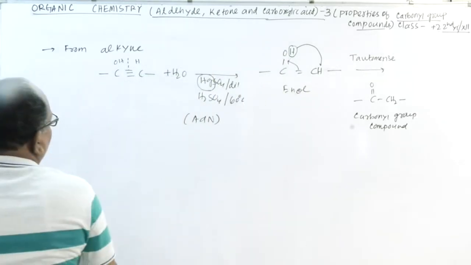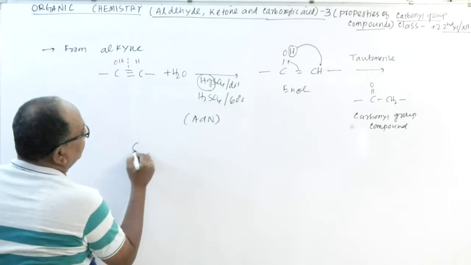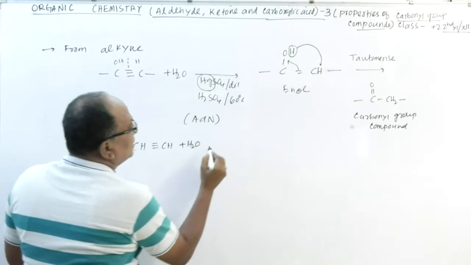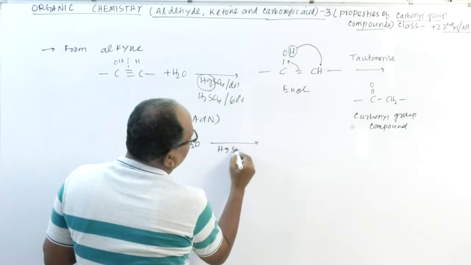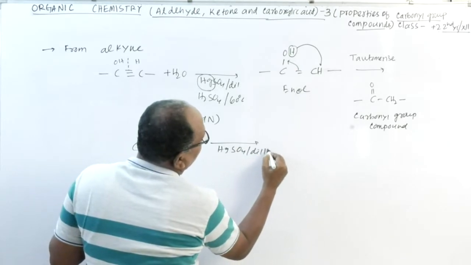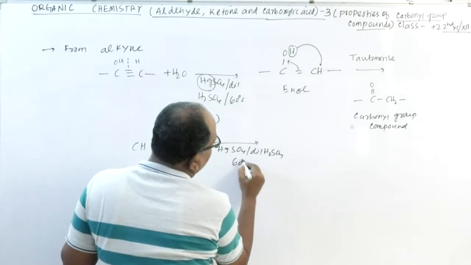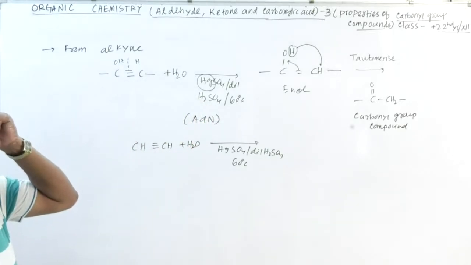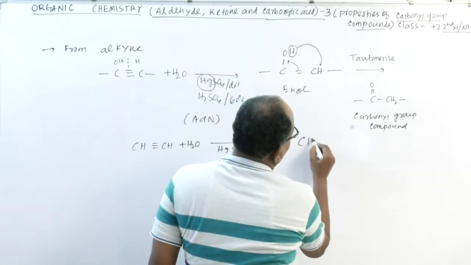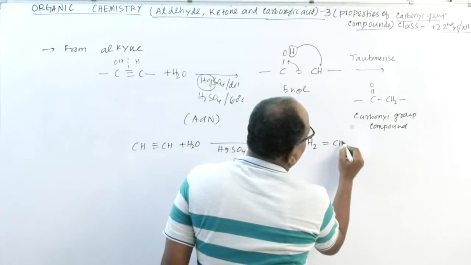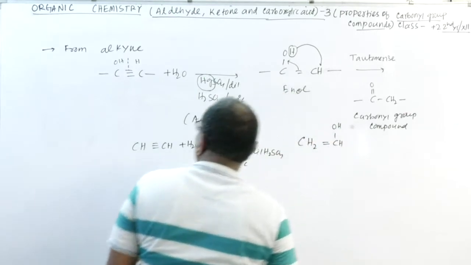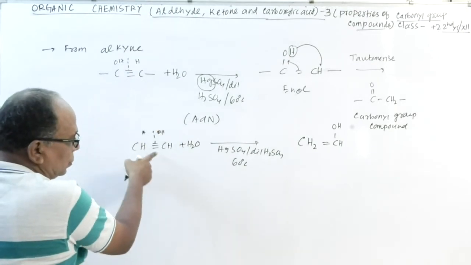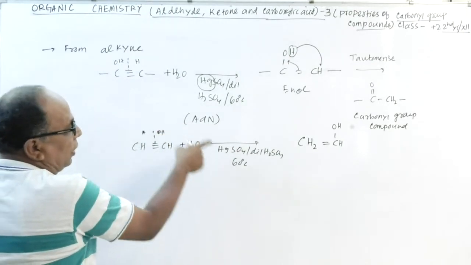Suppose you take acetylene, on hydrolysis in presence of mercuric sulfate, dilute sulfuric acid at 60 degrees C. The water molecule is added to the triple bond. So it gives you CH2=CHOH. See, this bond breaks, here H, this side OH. So this becomes CH2=CHOH.